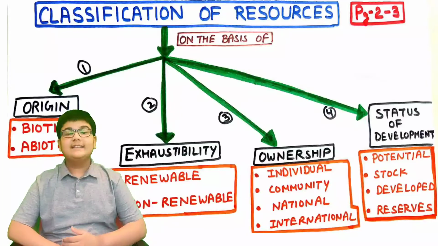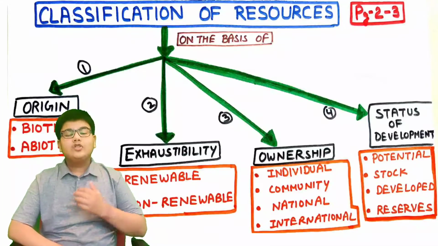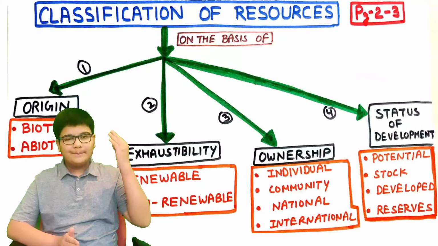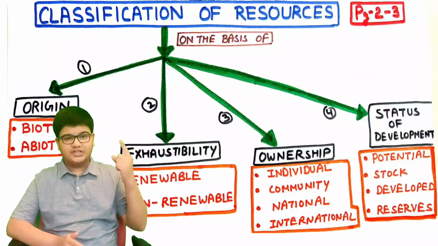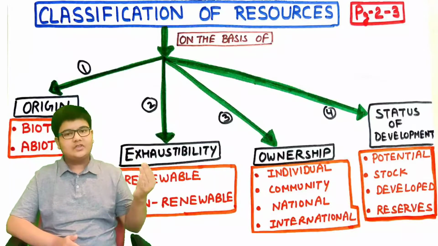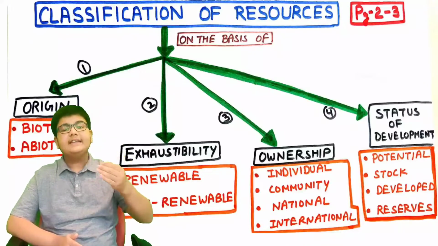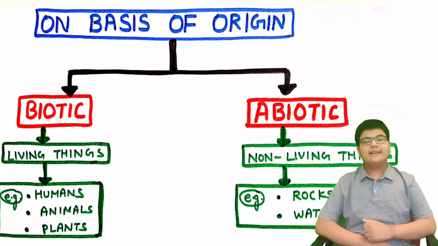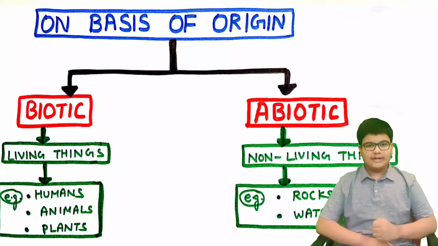Now let us understand the classification of resources. Resources are divided into different types based on four major factors. These are origin, exhaustibility, ownership, and status of development. Now we will understand each of them in detail. On the basis of origin, resources are divided into biotic and abiotic resources.